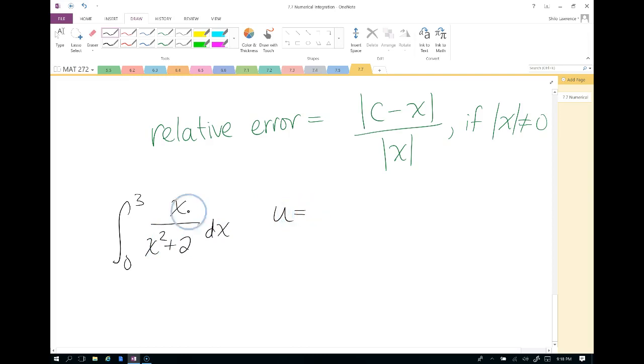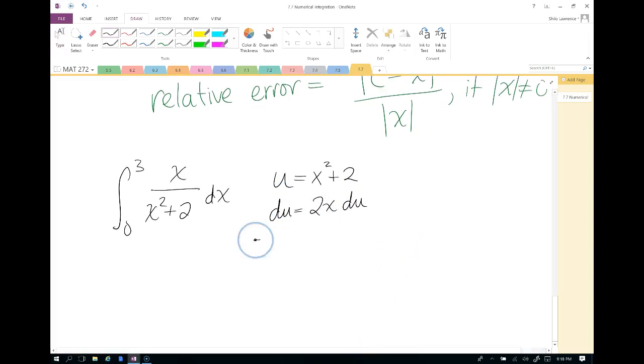And the way that I recognize that is because the denominator is a quadratic, the numerator is linear. So I could easily do a u substitution for the bottom, and my du will get rid of my linear numerator. It will, however, introduce an extra 1/2 coefficient.